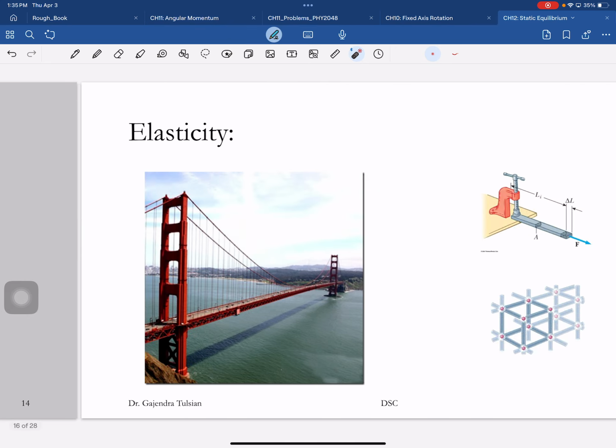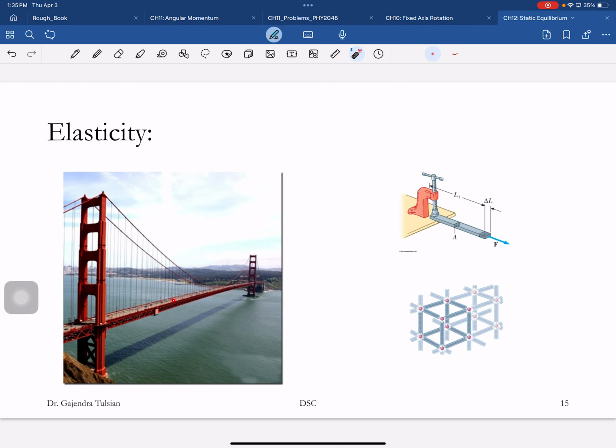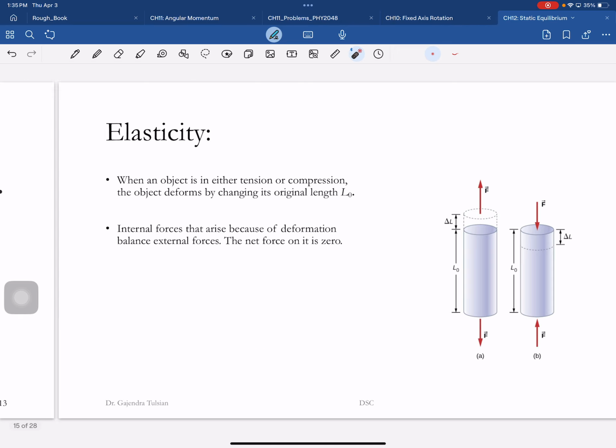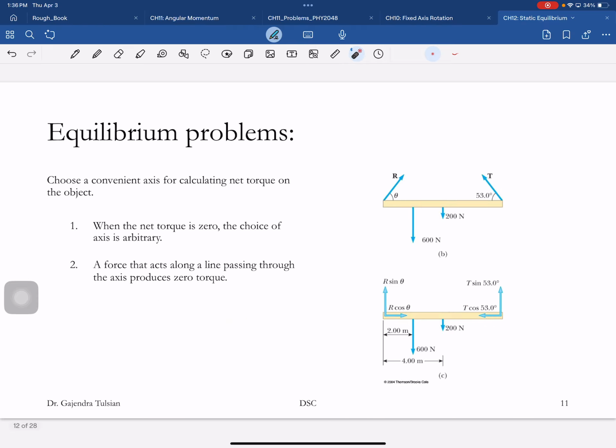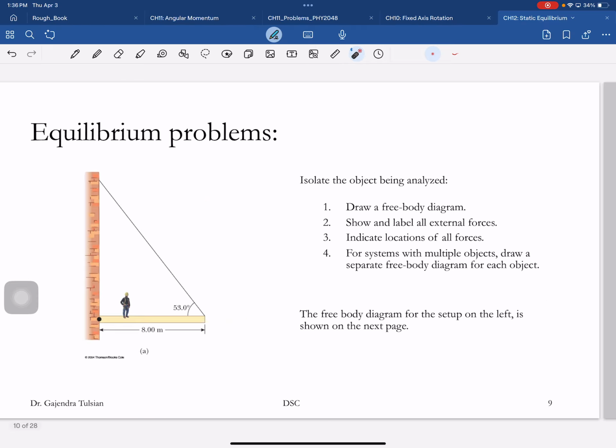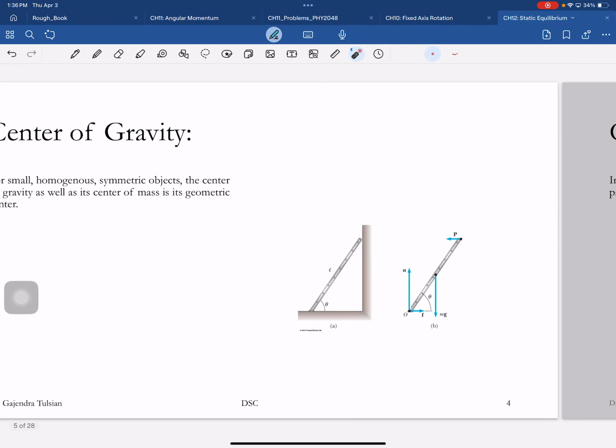You drive over this bridge, you don't want the forces and stresses on this thing changing. You don't want this falling. So there are a lot of structures, and you want them to be in static equilibrium. So here's where the phrase comes from.